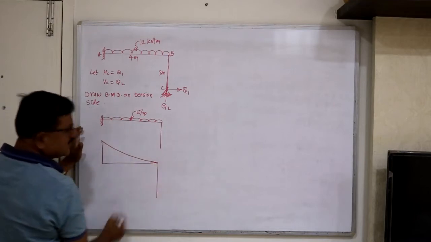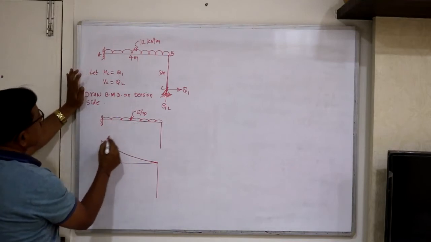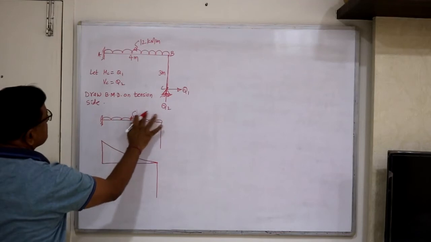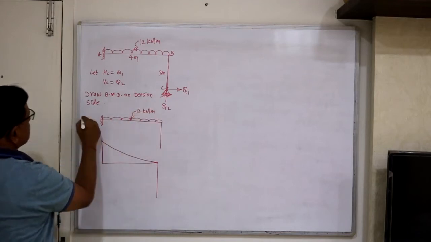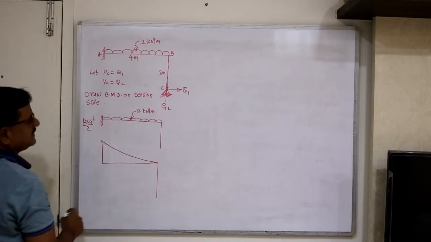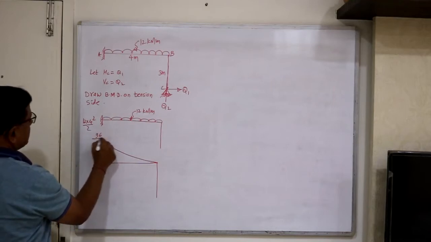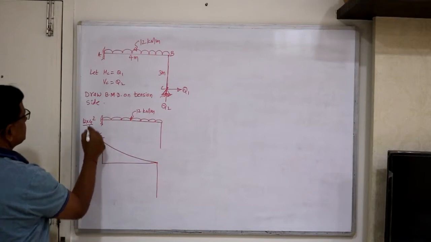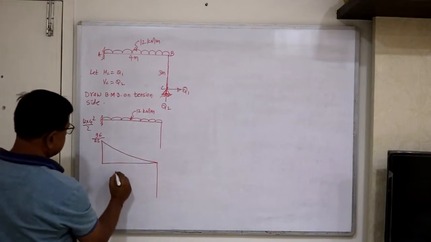This is parabolic since it is a UDL, and this is 12 kilonewton per meter. So 12 into 4 square upon 2 is the bending moment here. So this is 96 upon EI. Then this will be the M upon EI diagram due to loading.